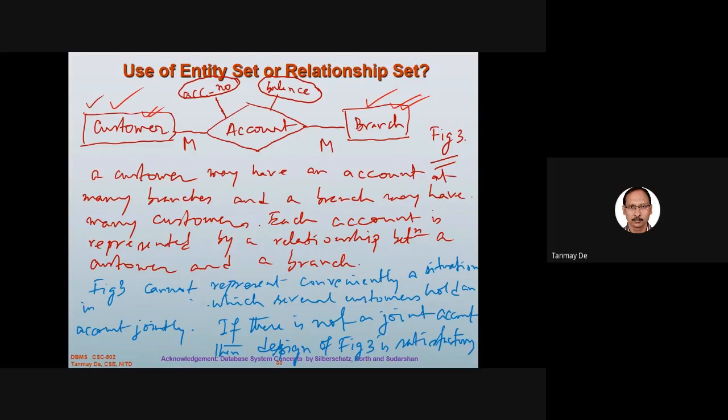If your point is correct, suppose we consider the account held by any number of customers, then the account would also be associated with any number of branches, because this side is many. But that is not the case, because in each entity set, customer or branch, as well as the relationship set account, the elements are distinct.